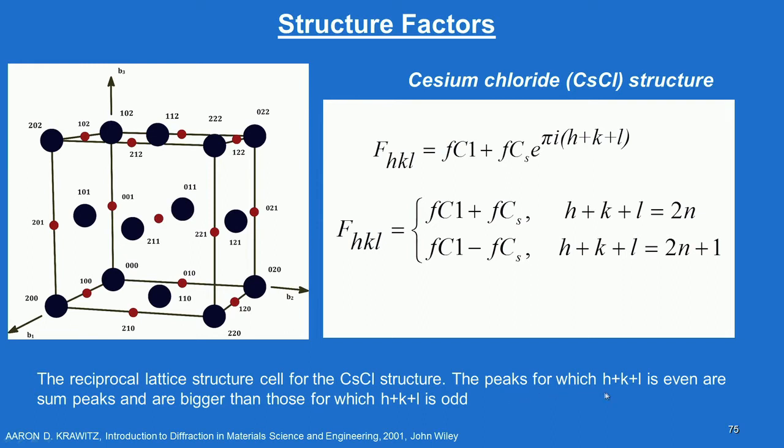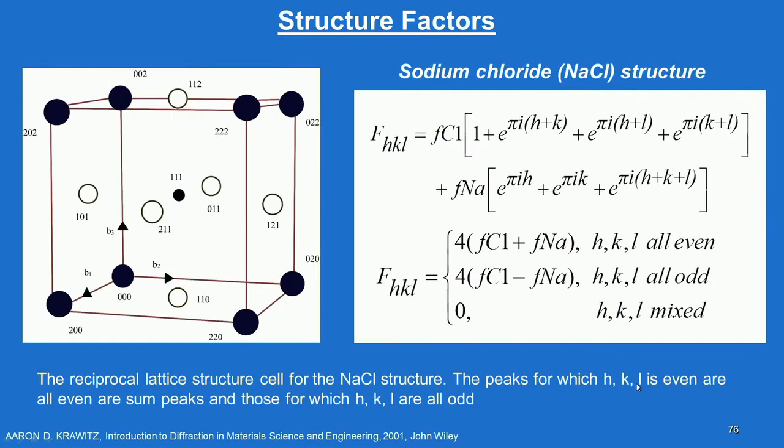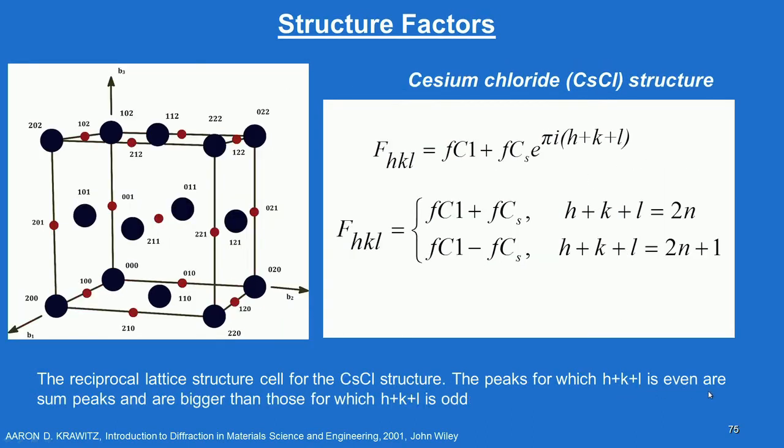This is a difference peak, this is a sum peak, that is what is written. The peaks for which h plus k plus l is even are sum peaks. That means when h plus k plus l is equal to 2n, they are sum peaks and are bigger than those with h plus k plus l odd, something like the red spot here, which are all difference peaks.